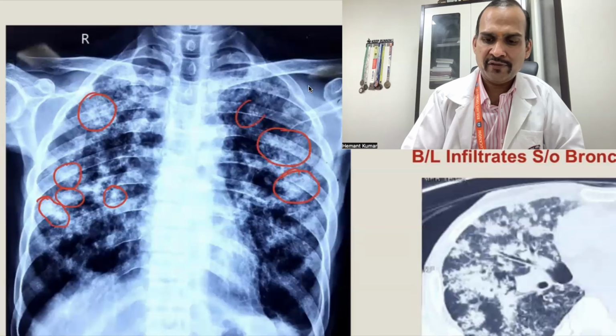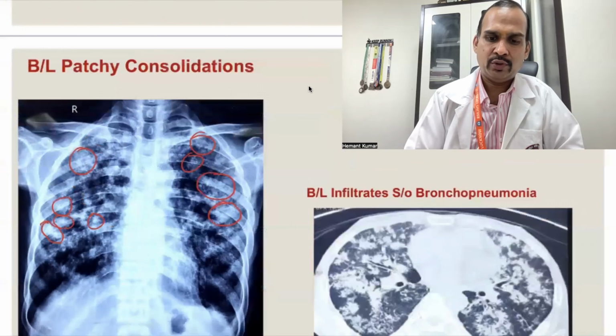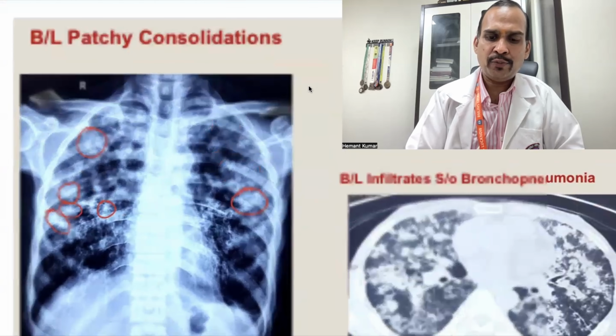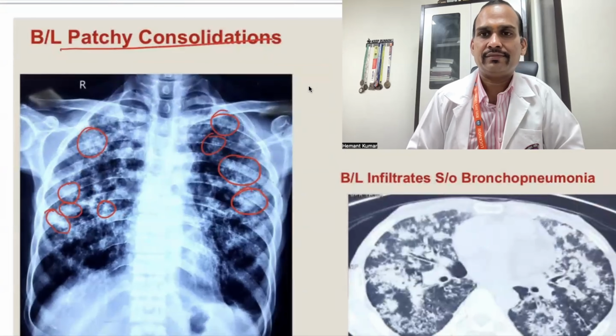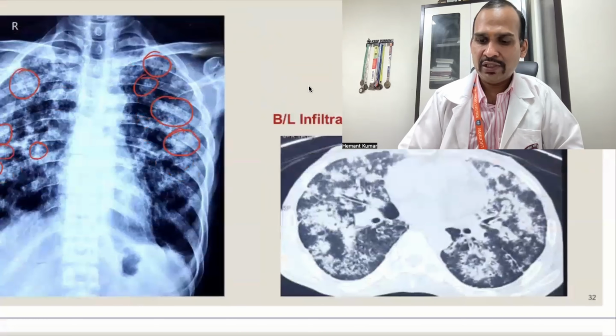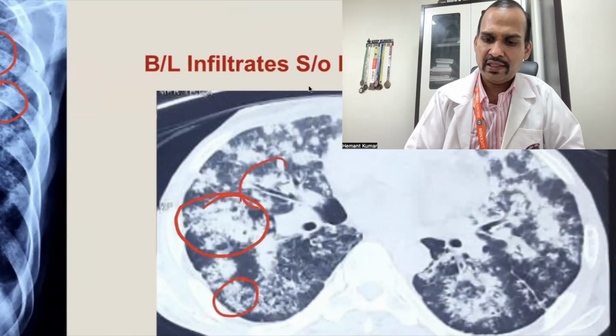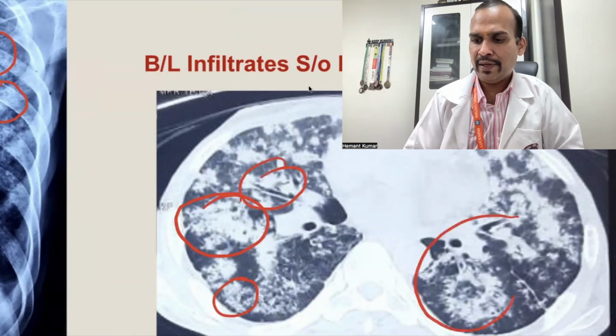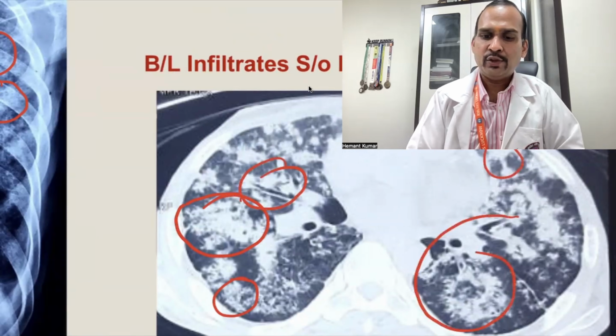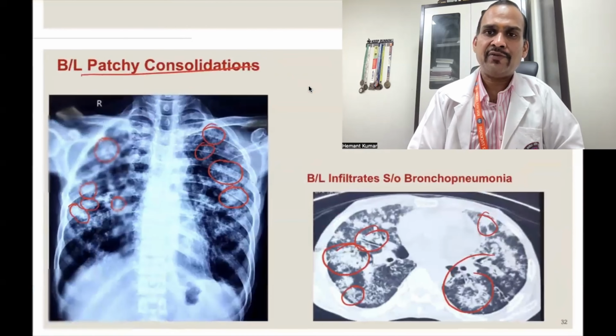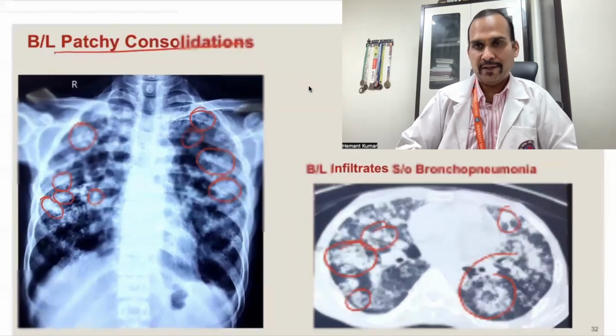Patchy consolidation. You can find air bronchogram. If you do a CT scan, you can appreciate these small patchy consolidations with air bronchogram in the bilateral lung fields. So these are bilateral infiltrates suggestive of bronchopneumonia.